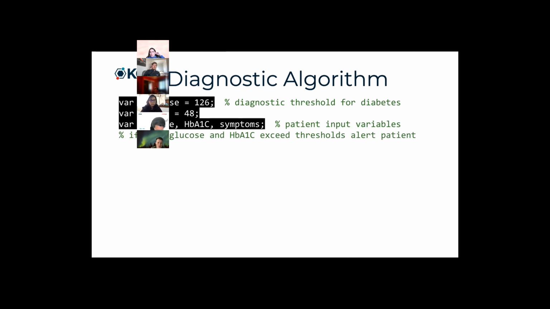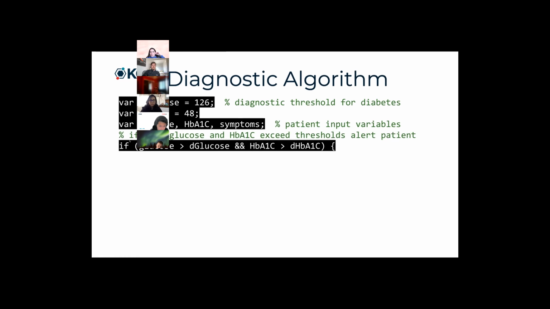So I'm going to now start to set rules. In this case, my first rule is going to be if both glucose and HbA1c exceed the thresholds, alert the patient that they have diabetes. And this is just using JavaScript syntax to turn this language into a piece of code.